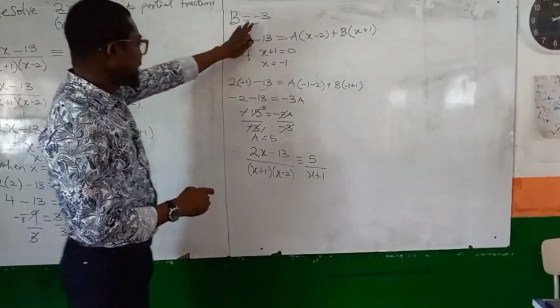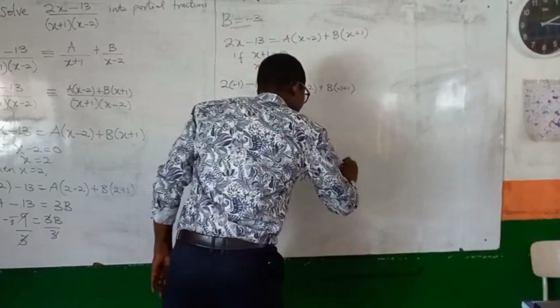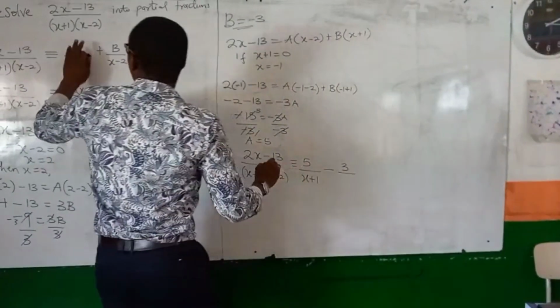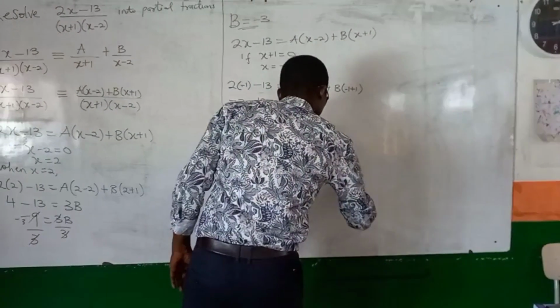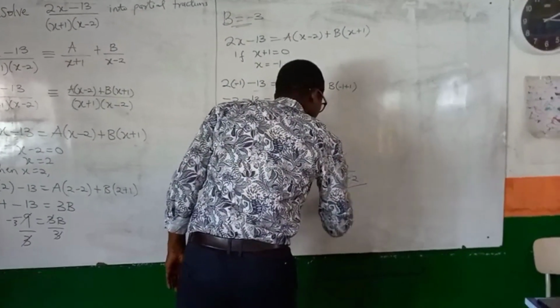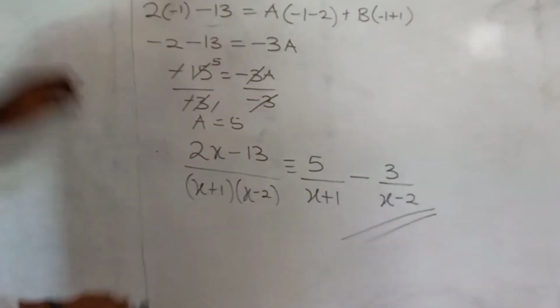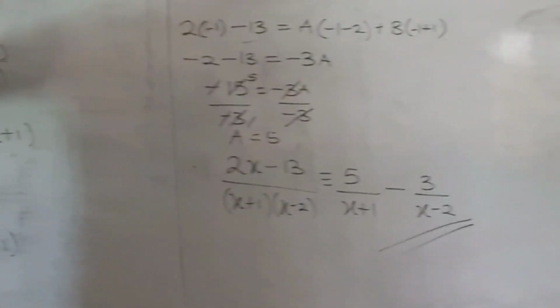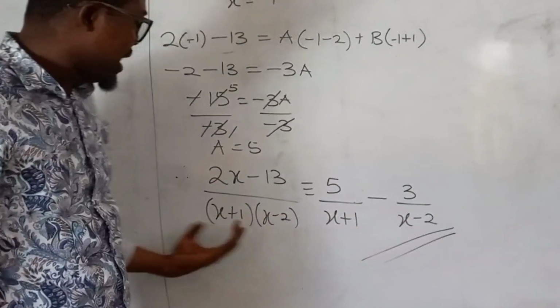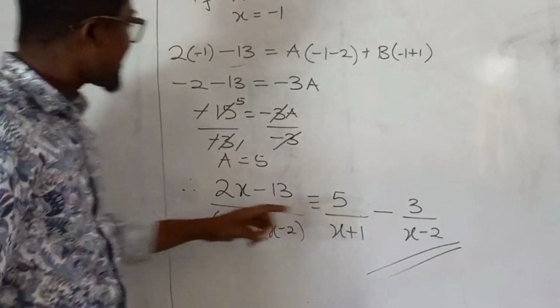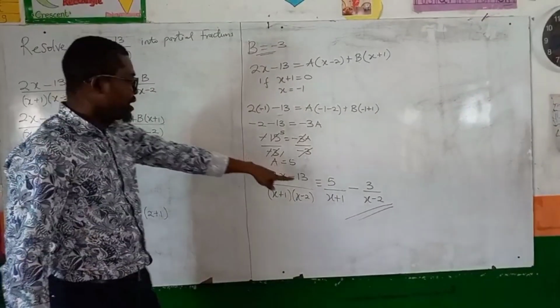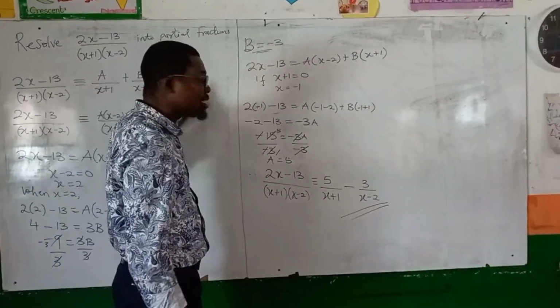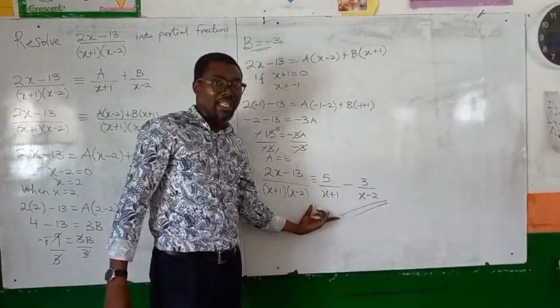I found my b to be negative 3. So that becomes minus 3 over x minus 2. And that gives me the solution. So I'll be able to resolve this rational expression into partial fractions. And don't forget to always substitute the values of the variables into the expression that you have created so that your final answer will look like this.